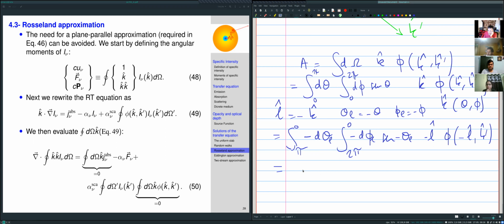So this should be then, if I did not make any mistakes, the integral from 0 to pi of d theta L, the integral of d phi L from 0 to 2 pi. Now this is sine theta L, but I've got a minus coming out here, and then there's this other minus here. So we have L phi L k prime.